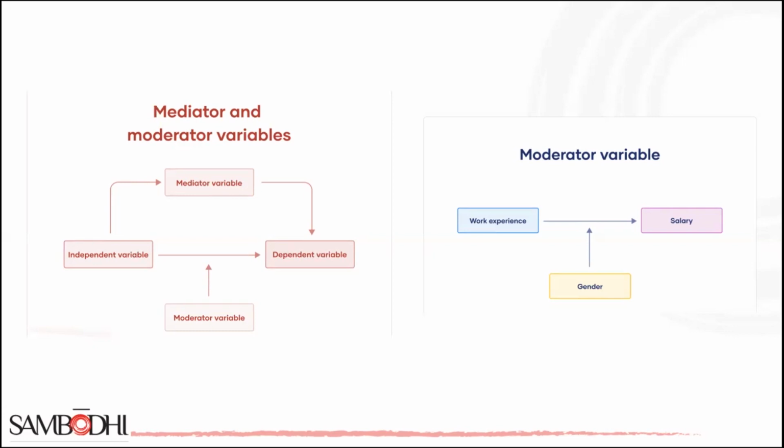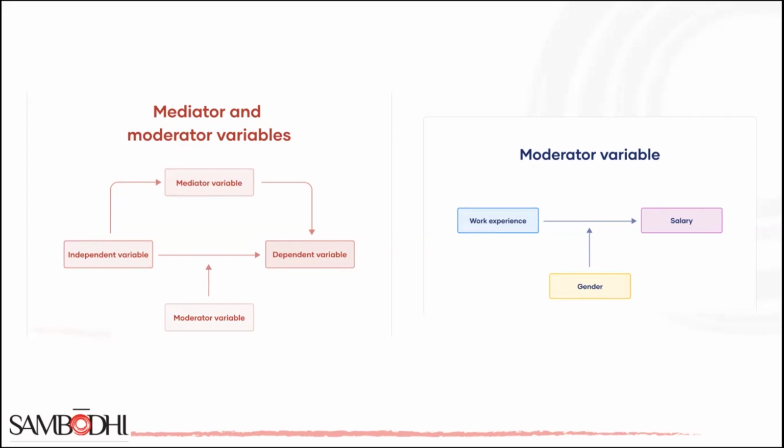Example of moderator variables. In a study on work experience and salary, you hypothesize that years of work experience predicts salary when controlling for relevant variables. Gender identity moderates the relationship between work experience and salary. This means that the relationship between years of experience and salary would differ between men, women, and those who do not identify as men or women.